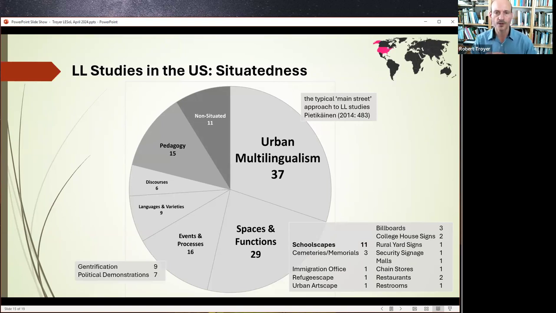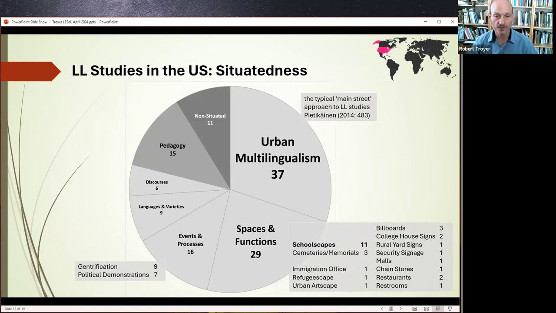Along with what I would call events and processes, there are 2 sets of publications. One set focused on gentrification, and again, the Trintz and Snodger and Trench. This is one book, and I think out of these 9 publications, 5 of them are from these 2 researchers, focusing on gentrification practices and how the effects of gentrification are seen in the linguistic landscape.